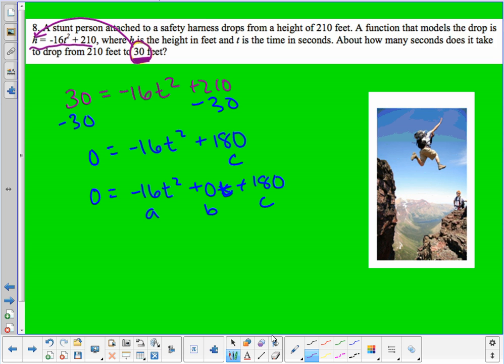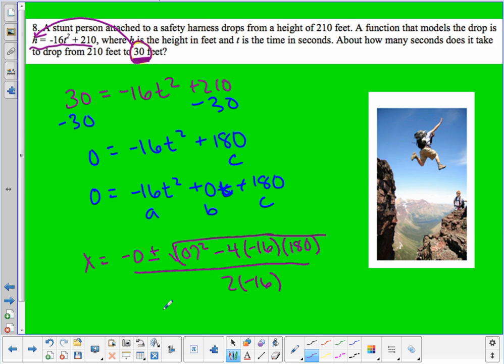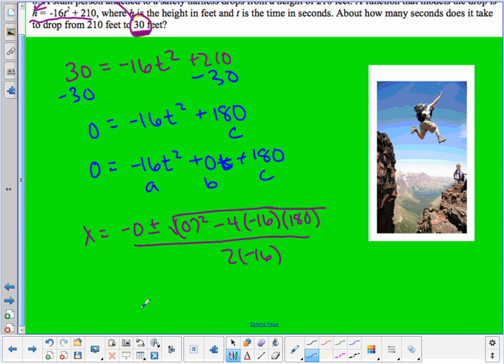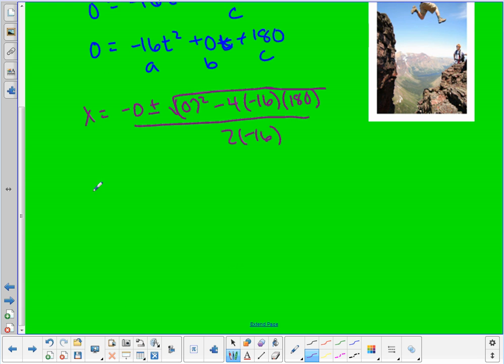Now I can plug this into the quadratic formula. So I have x equals the opposite of b, that's negative 0, plus or minus the square root of b squared, 0 squared. That 0 in the middle is going to make our life pretty easy here. Minus 4 times a times c, all over 2 times a. So then I have x equals 0, because negative 0 doesn't really exist.